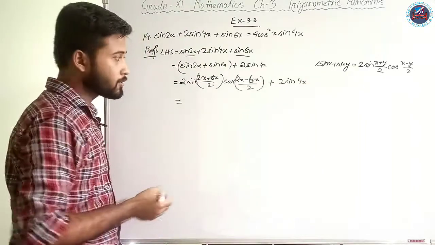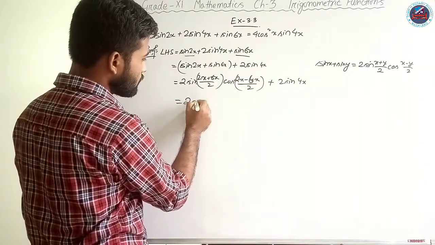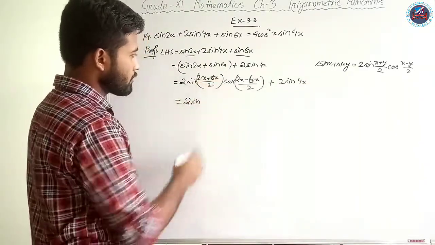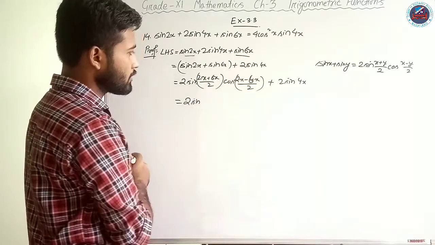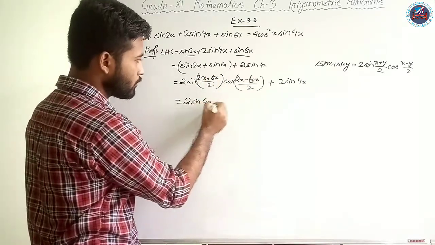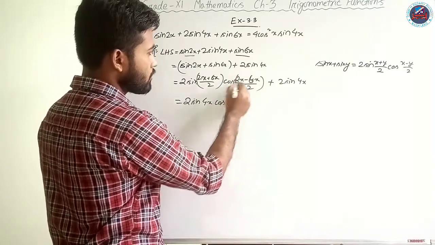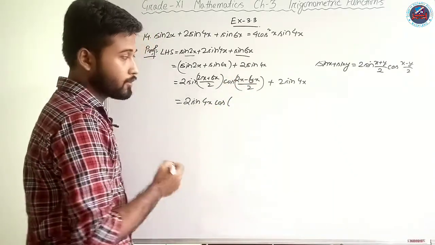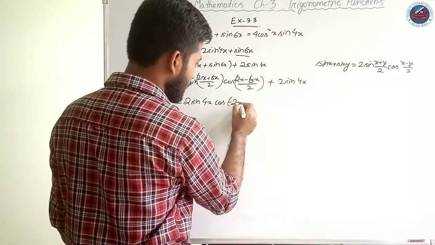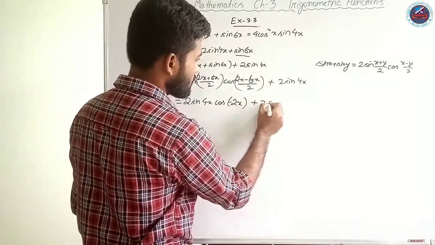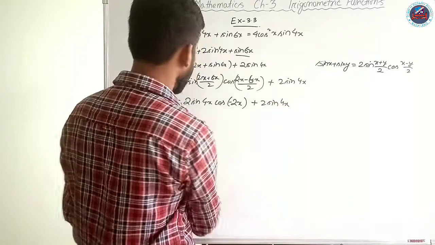Now what is that equal to? Here we can see 2 sine, 6 plus 2 is 8, divided by 2, we are getting 4x, and here we have cos of (2x minus 6x), that will be minus 4x by 2, so this will give us minus 2x, plus 2 sine of 4x.